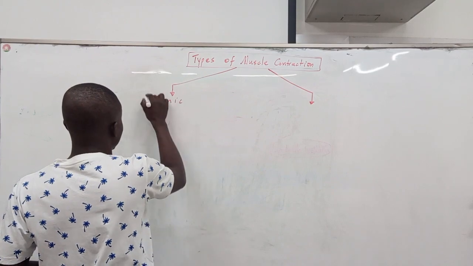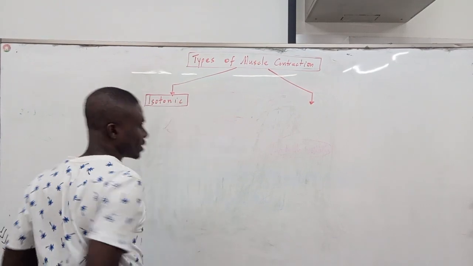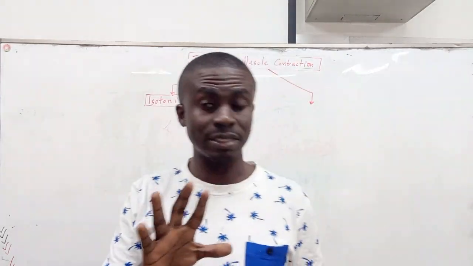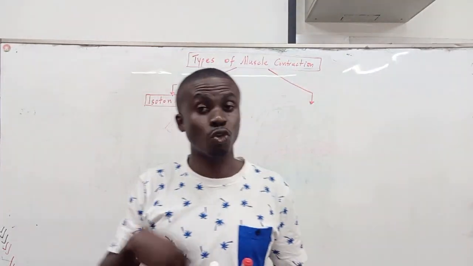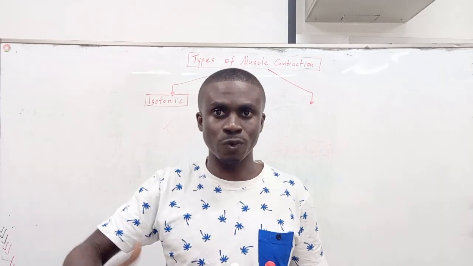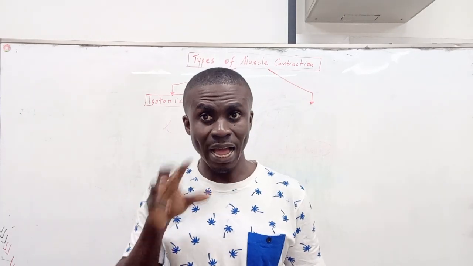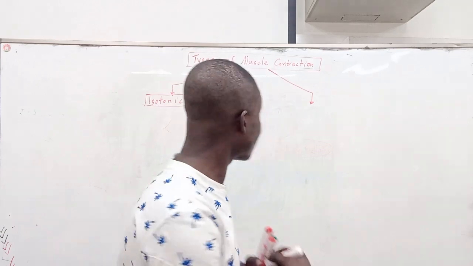We have something we call isotonic muscle contraction. Now, whenever we talk about tonicity, we are not talking about concentration here. Tonicity in this sense has to do with the force, the effort we are applying to overcome the load. Isotonic contraction.